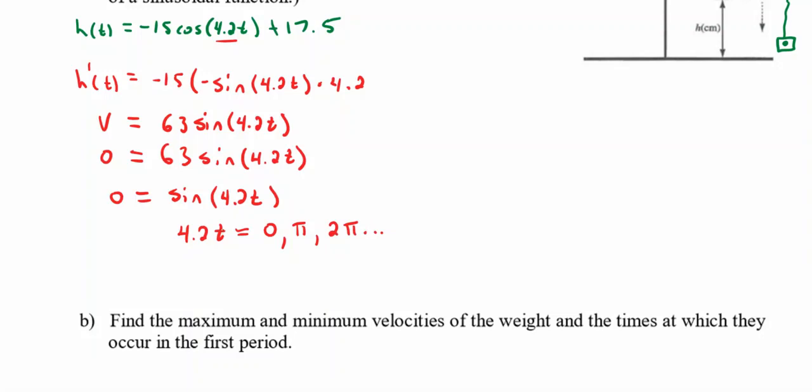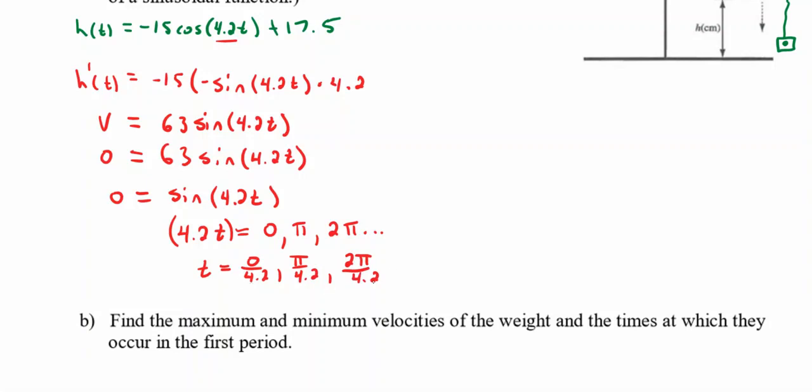So those are the values that this is equal to. I just want t, so what's left to do is divide everything by 4.2. So our times would be 0 over 4.2, which is just 0, pi over 4.2, and 2 pi over 4.2.